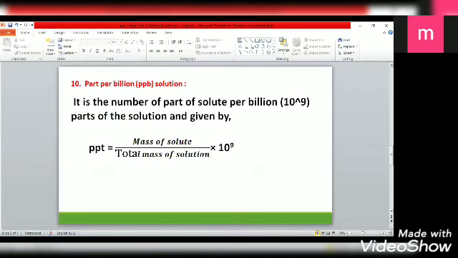Parts per billion. It is the number of parts of solute per billion, 10 raised to 9 parts of the solution.